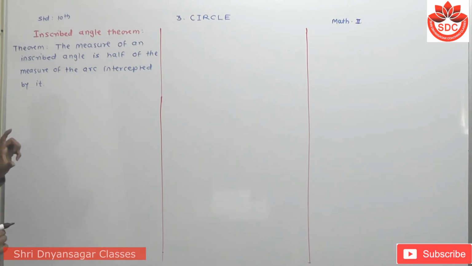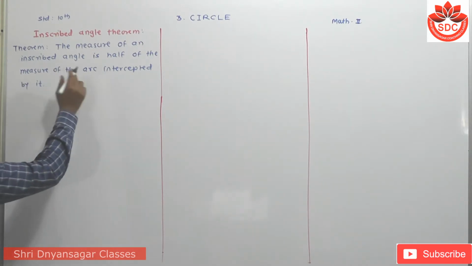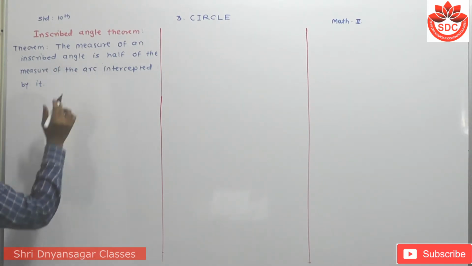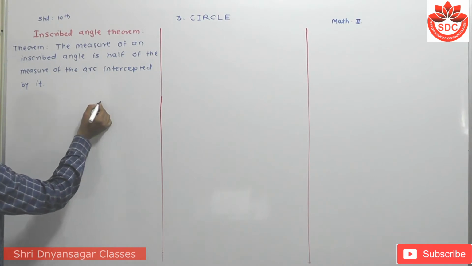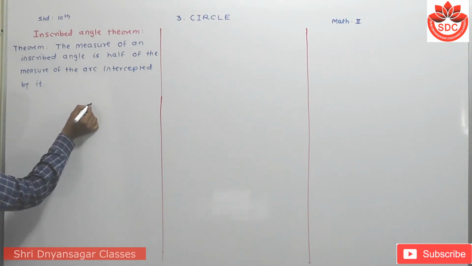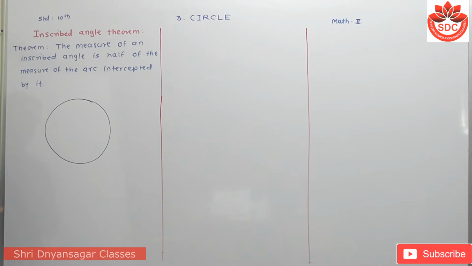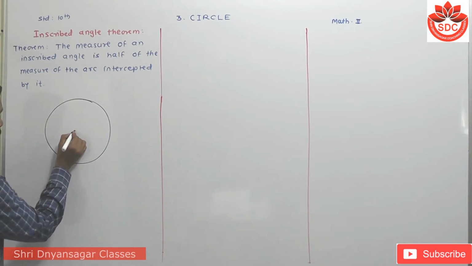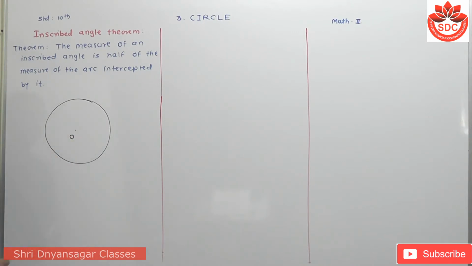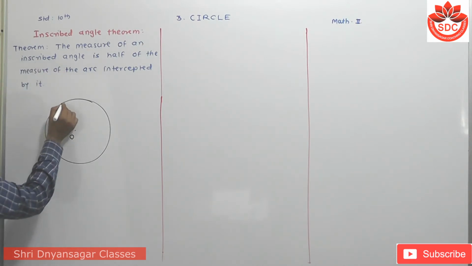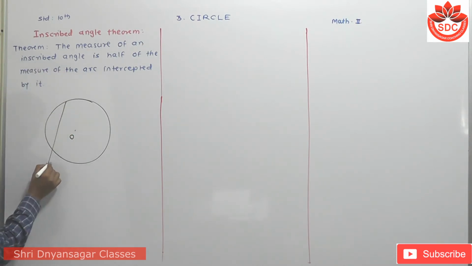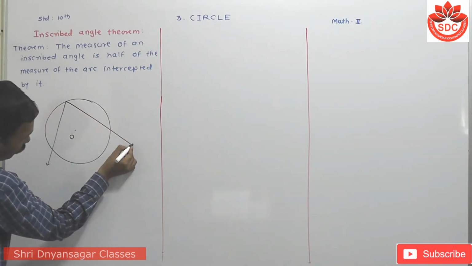So first I have to draw one figure. Now the measure of an inscribed angle is half, so I have to first draw one circle. Now the center of the circle is O. And suppose this is one angle which is an inscribed angle.